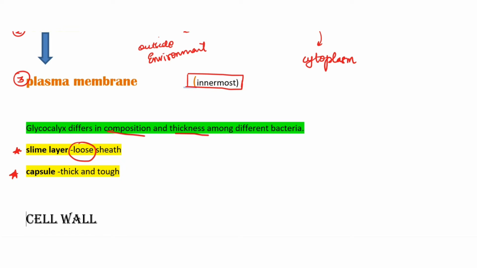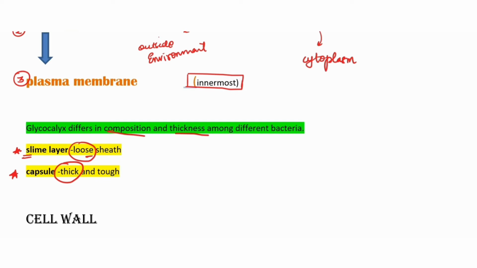I said composition and thickness. So it can be either a slime layer, which is a loose sheath, or it could be a capsule, which is thick and tough. So this is how it differs in composition and thickness among different bacteria. Look at the ending word, loose, which has an S sound in it, so slime, S. Thick, how does it end?